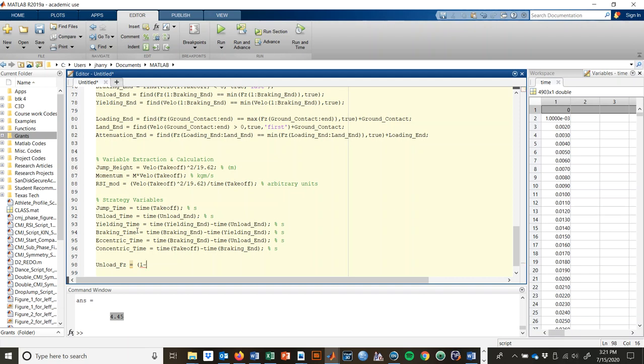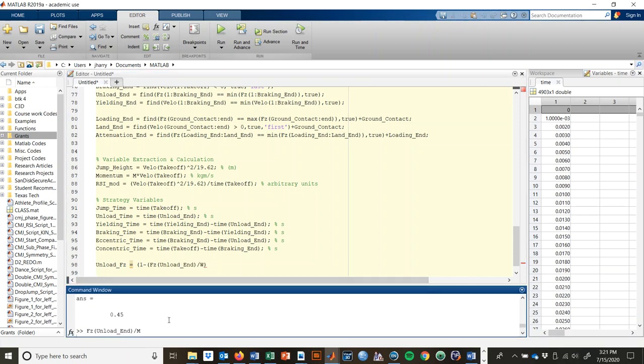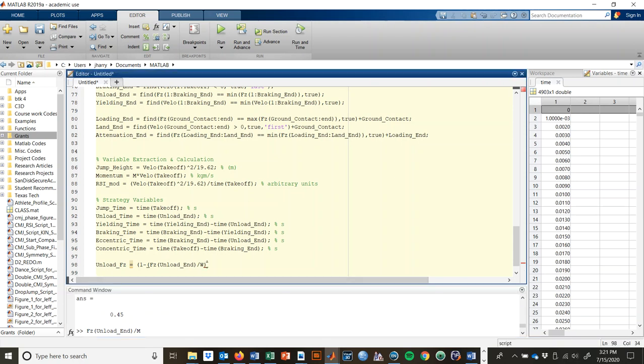So we're going to do 1, and subtract from that, in another parenthesis, the force value at the end of the unloading phase. We're then going to divide that by weight and close that parenthesis. Inside this second parenthesis, this is the normalized force, which we calculated up here to be 0.45. Then we're going to do 1 minus that.